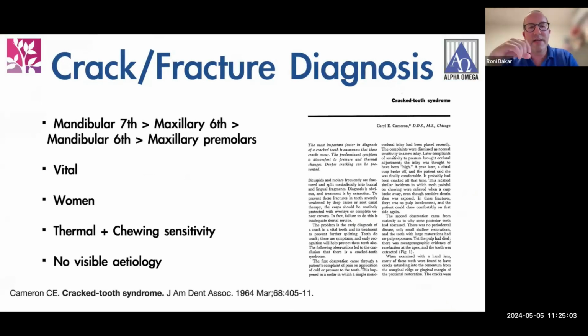The classical article on the topic is the cracked tooth syndrome of Cameron from 1964. It's an incorrect name because it's not a syndrome. He described a condition of unexplained pain that was revealed to be a crack, and he found that teeth cracked more in mandibular second molars, with shallow amalgam restorations, in women more than men, and vital teeth and not necrotic.